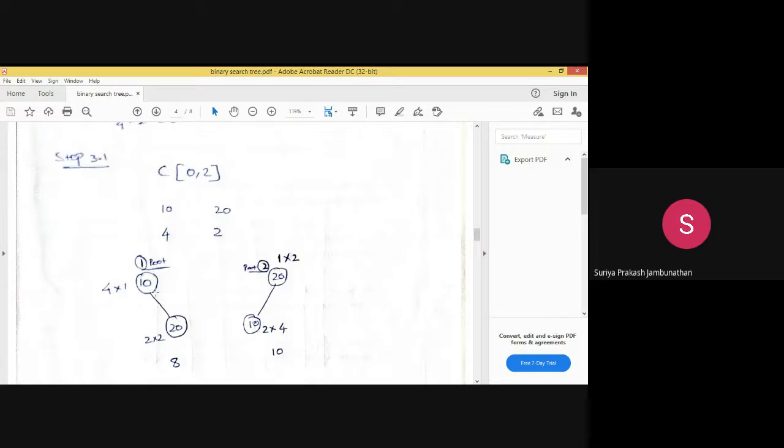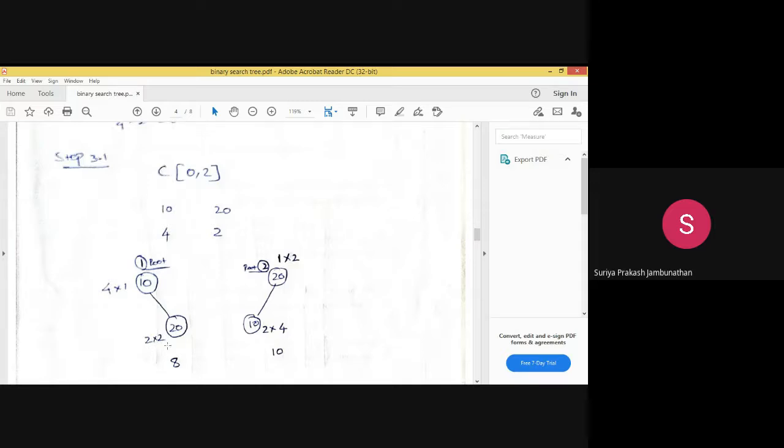In this case, we can proceed with position 1. 10 comes under position 1 and 20 comes under position 2. So 1 will be multiplied with the frequency of 10. What is the frequency of 10? It is 4. So we multiply 4 into 1. 20 is the second position and its frequency is 2.